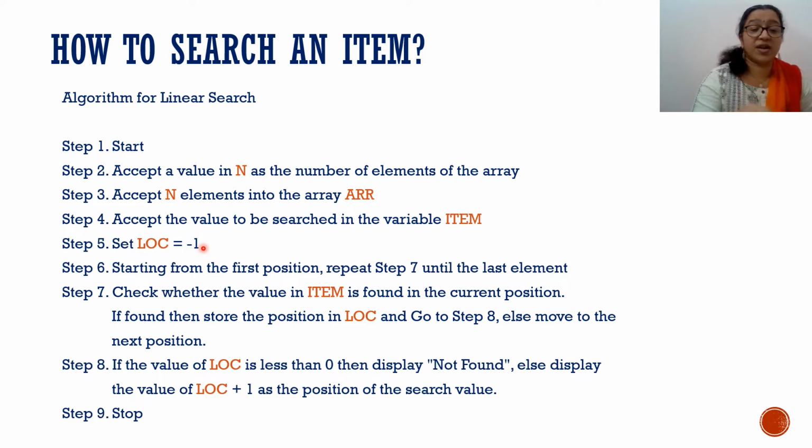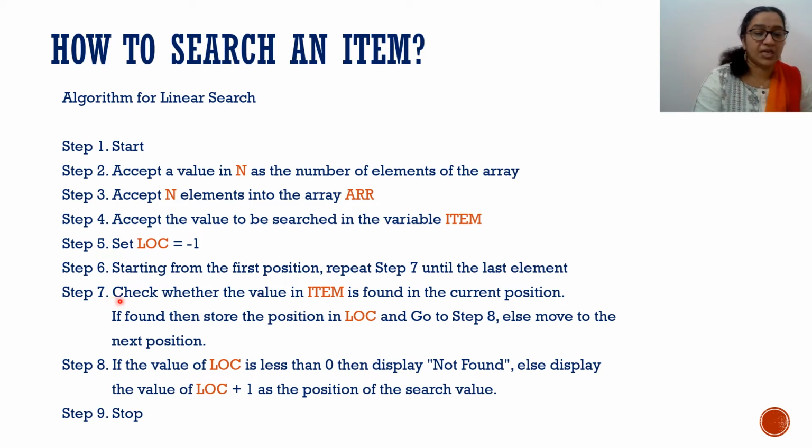So we want to find out the location where the element is. So step 6, starting from the first position, repeat step 7 until the last element. See, this step 7 we want to repeat from the first position onwards until the last element. So from the 0th position onwards we want to do step 7. So what is there in that step 7?